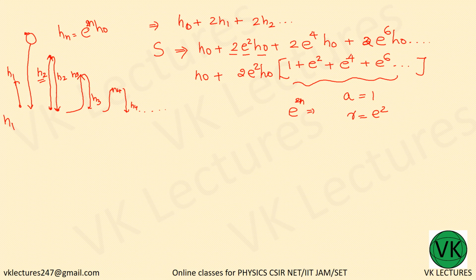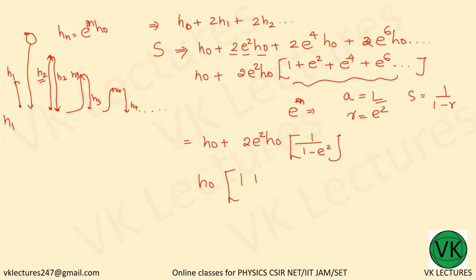Then how will you write the sum? Sum is nothing but 1 divided by 1 minus r, because your first term is 1. So you can write it as h naught plus 2e square h naught into 1 divided by 1 minus e square. Again, what you can do here is take h naught as common, 1 plus 2e square divided by 1 minus e square.